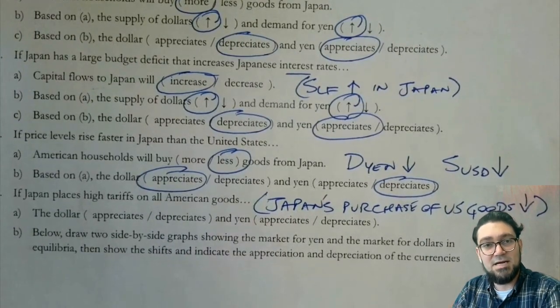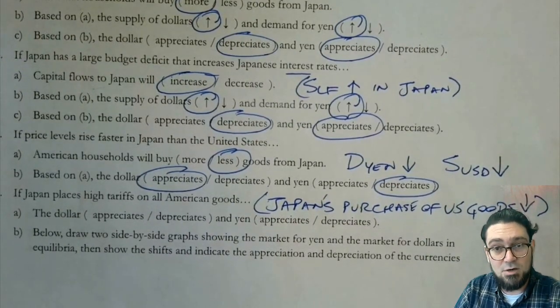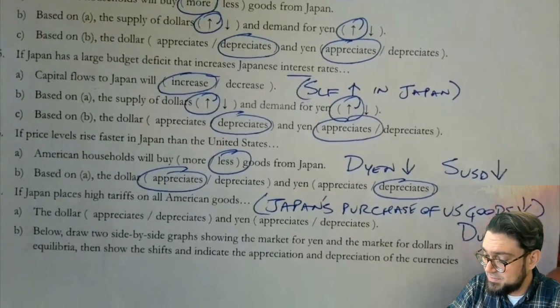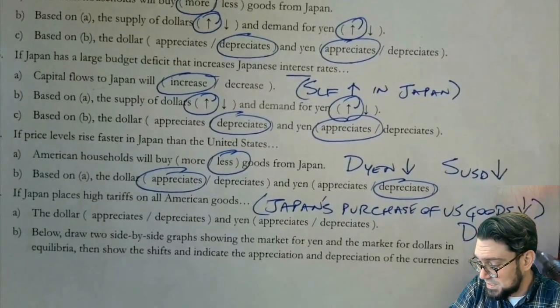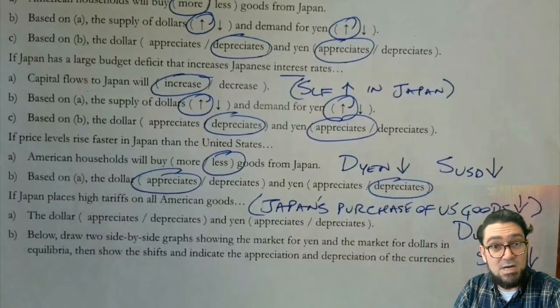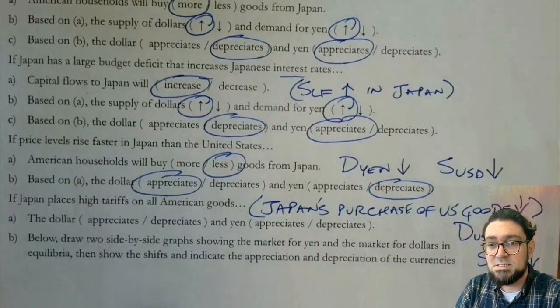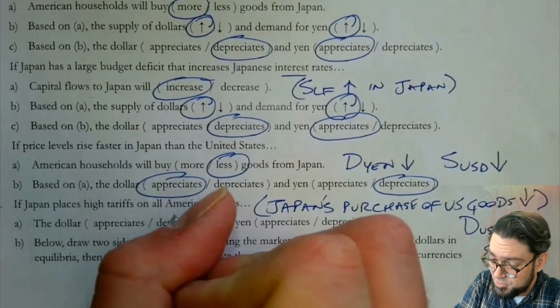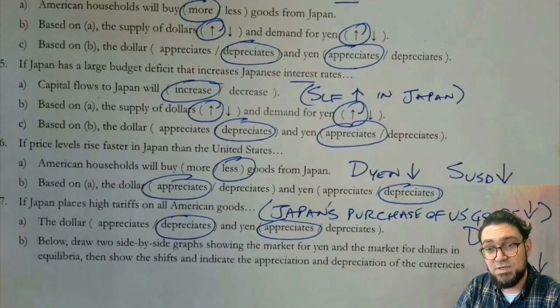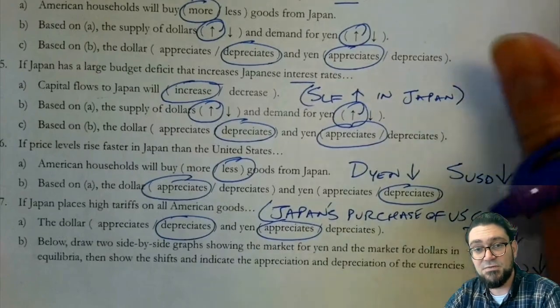And if they don't need to buy our stuff, then they don't need to buy our currency. So we would say the demand for US dollars will decrease and the supply of yen will decrease because they don't need to supply as many yen when they aren't buying as much American products. So we would say that the dollar would depreciate and the yen would appreciate as a result of the supply decreasing for the yen and the demand decreasing for the dollar.